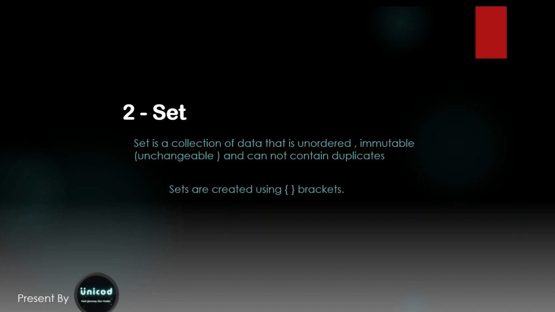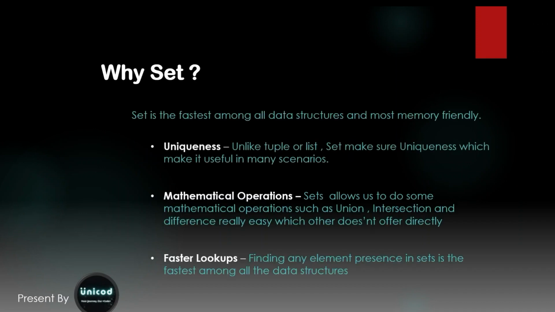But why do we need sets? We need sets because a set is the fastest among all data structures, and it is most memory friendly. It means among all the data structures, a set is the fastest one. And it has uniqueness. Unlike a tuple or list, a set ensures uniqueness, which makes it useful in many scenarios.